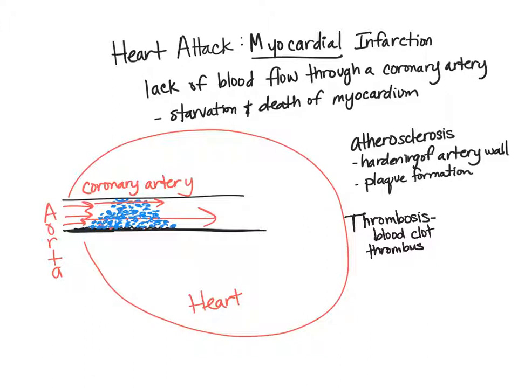An embolism, I guess I should do that backwards here. So an embolism is now the medical condition when part of that blood clot detaches itself, or the whole thing, and then moves to another site.